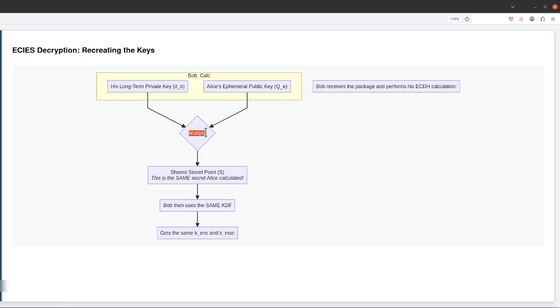He multiplies them together to compute the shared secret point, S, since D_B times Q_E is the same as D_B times the quantity D_E times G, and Alice had computed D_E times the quantity D_B times G. They both arrive at the same secret point. Bob then passes this point's x-coordinate through the same KDF to retrieve the exact same K_ENC and K_MAC that Alice generated.